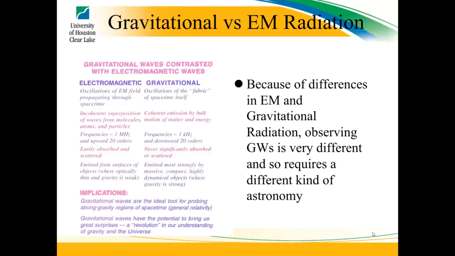And also electromagnetic waves come from surfaces that are optically thin and gravity is weak, and gravitational waves come from things that are massive, compact, highly dynamical, really heavy objects. So what happens effectively is that electromagnetic waves are good for probing the visible parts of the universe, and gravitational waves are good for probing the dark parts of the universe.